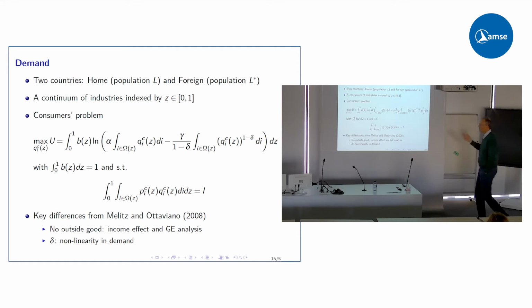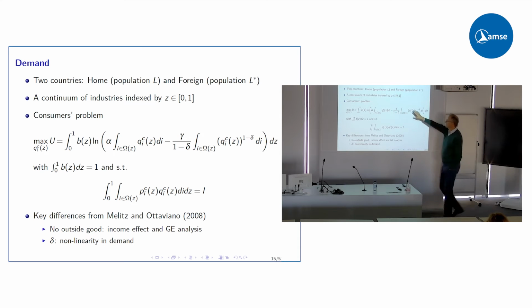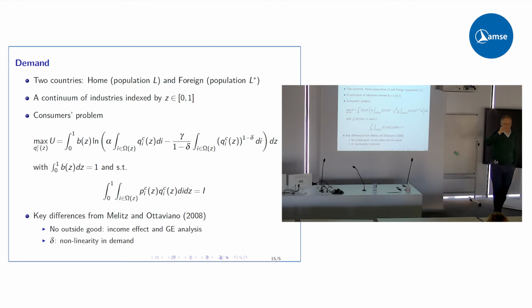You have, in our case, 2 countries, home and foreign. Foreign variables are labeled by a star. There is a continuum of industries, indexed by z from 0 to 1. The structure is pretty in line with very old papers by Dornbusch, Fischer, and Samuelson, who were looking at this 2 countries setup with a lot of sectors.